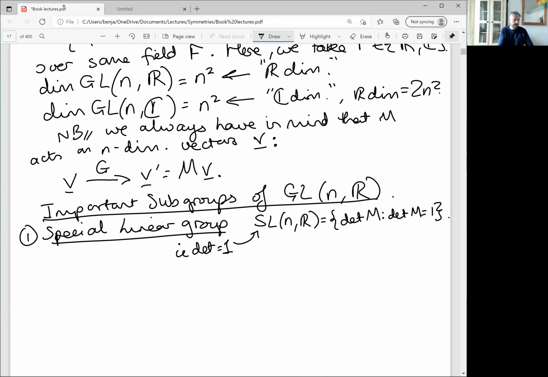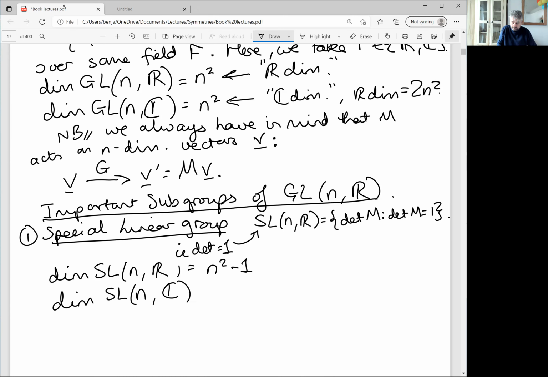So this extra constraint on the determinant takes away one of the degrees of freedom. And so the real dimension of SL n over the reals is n squared, just like the general linear group, minus 1, because we have this extra condition. And the real dimension of the special linear group over the complex numbers is 2n squared minus 2.